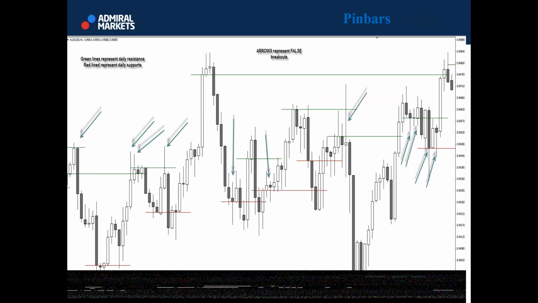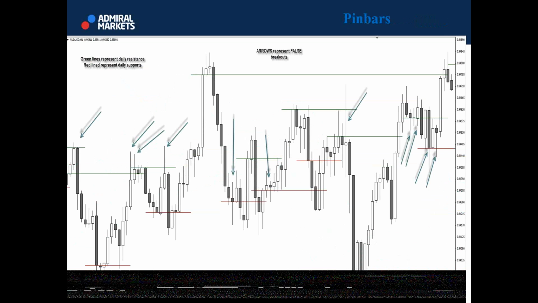Because pin bars are basically giving us a filter not to exploit false breakouts. So all of those pins are false breakouts. Just look at those levels of support and resistance and look at those pins. Look how the candles and pins perfectly filtered potentially bad trades, potentially false breakout trades.